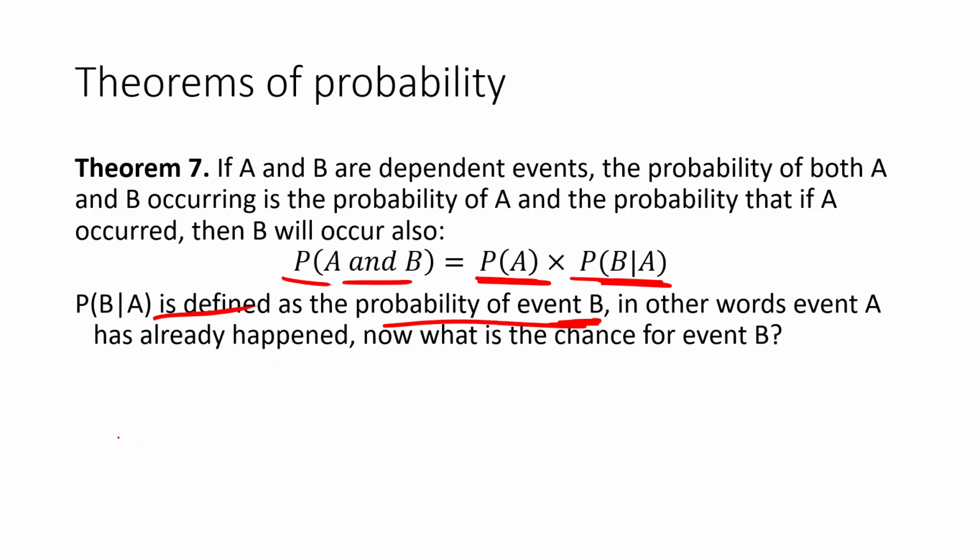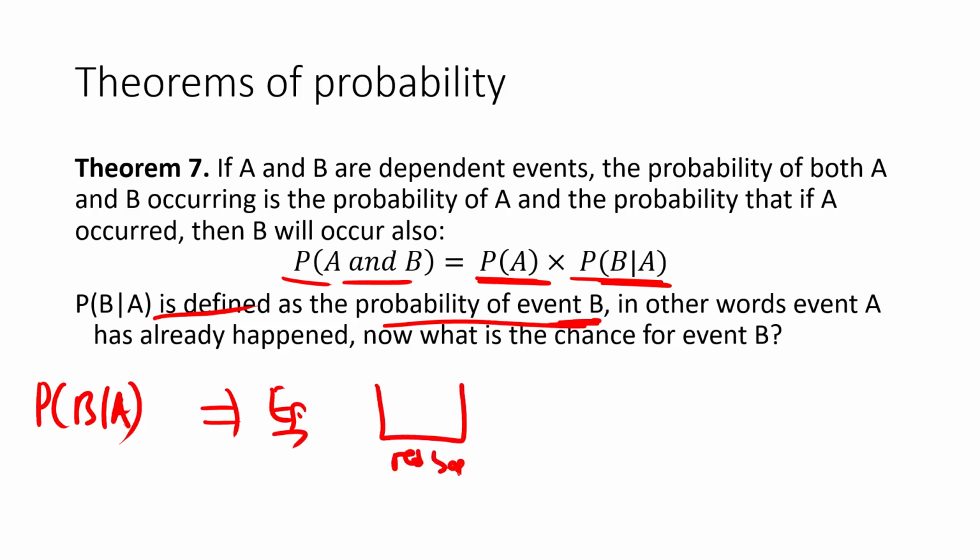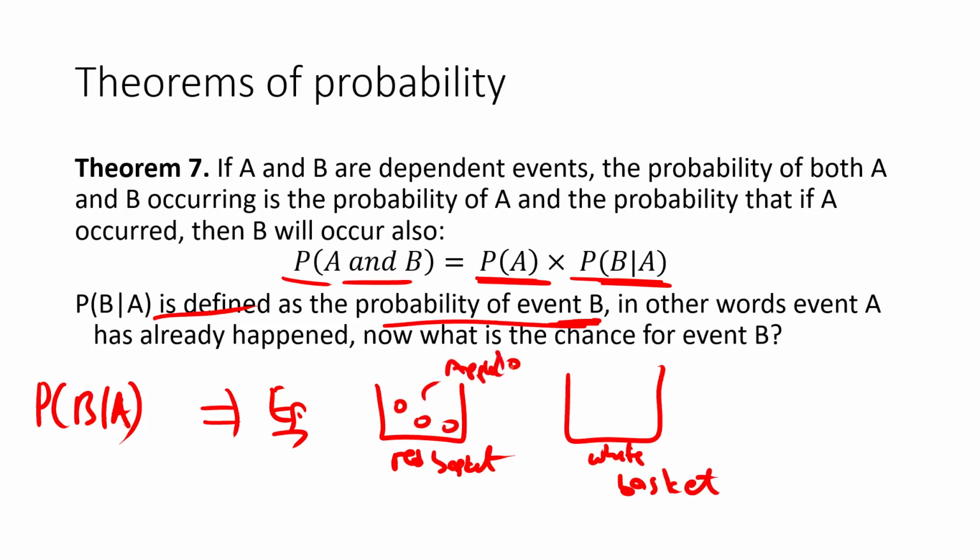Let me give you one simple example. Say that we have two baskets, a red basket and a white basket. In each basket we have apples and oranges.